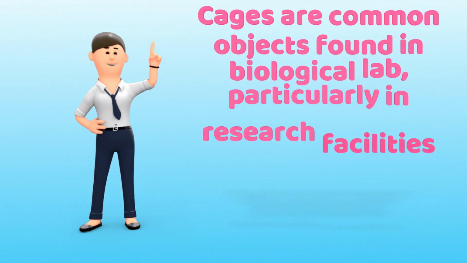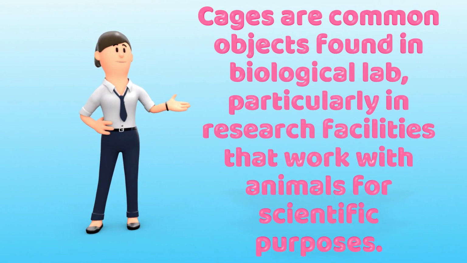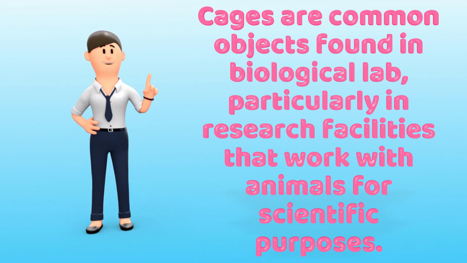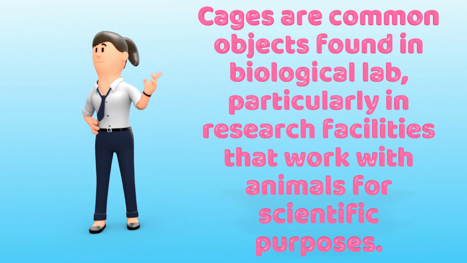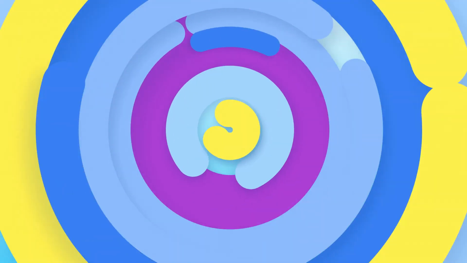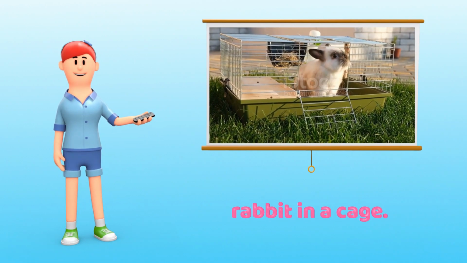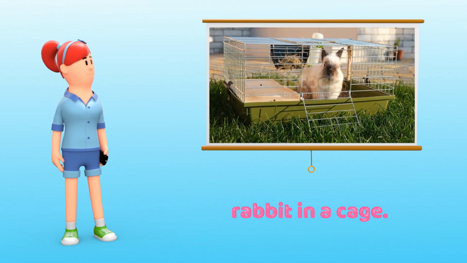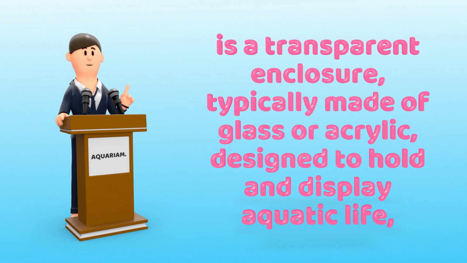Above all, cages are common objects found in a biological laboratory, particularly in research facilities that work with animals for scientific purposes. For instance, here we have a rabbit in a cage, and this is an example of a cage found in a biological laboratory.